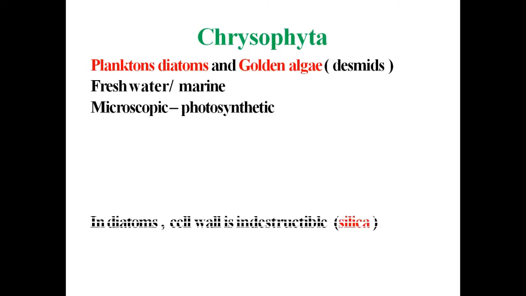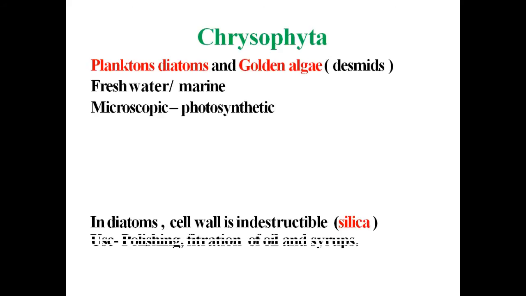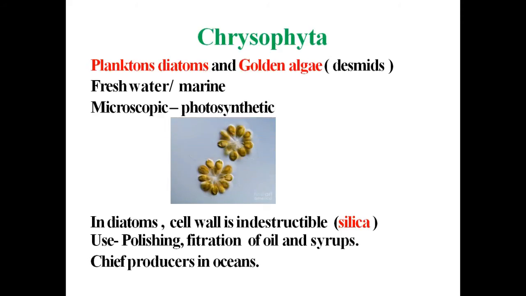They are microscopic and photosynthetic. The walls are embedded with silica, and thus the walls are indestructible because they are made up of silica. These are the chief producers in the ocean. They are used in polishing, and filtration of oil and syrup.